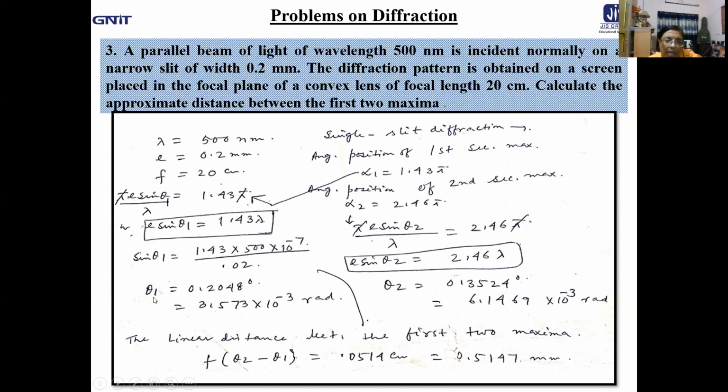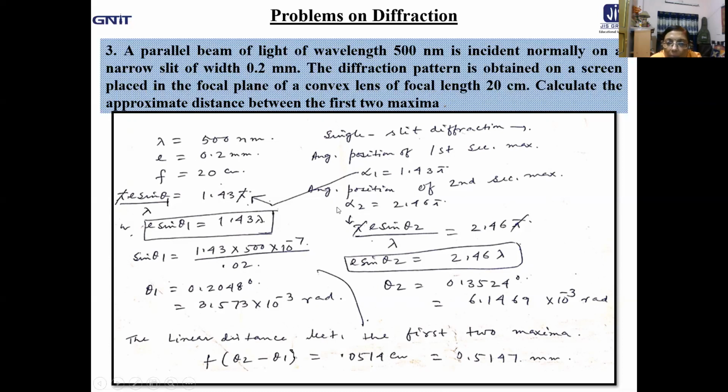Now from here, what is the value of theta 1 you are getting? All the data are given, convert it into the same unit and you will get theta 1 equal to 3.573 into 10 to the power minus 3 radian. Very, very small, because 10 to the power minus 3 is coming.